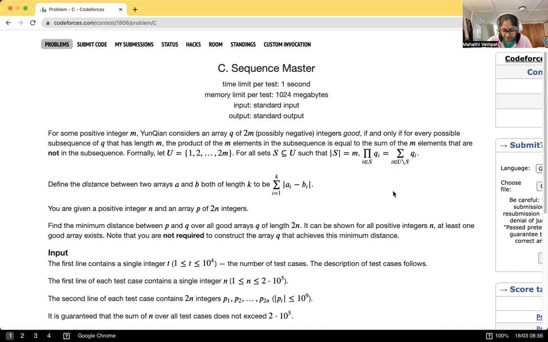Oh wow. For every subsequence of length m, the product of the m elements in the subsequence is equal to the sum of the m elements not in the subsequence. Oh yeah, it doesn't matter that it's a subsequence, like a subset.